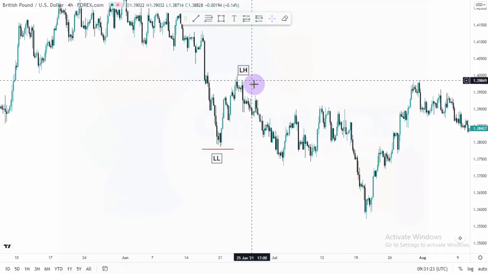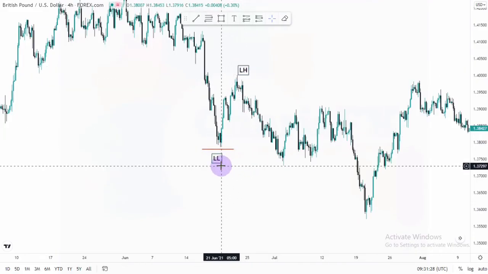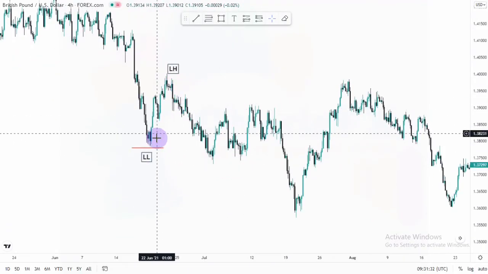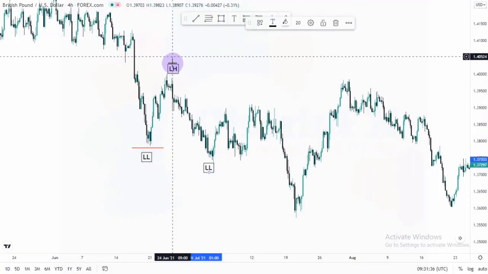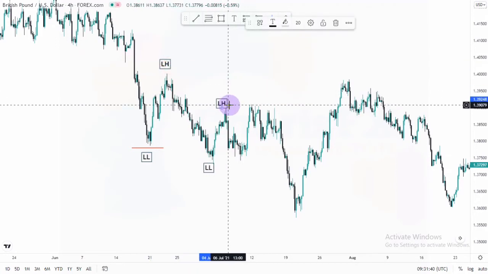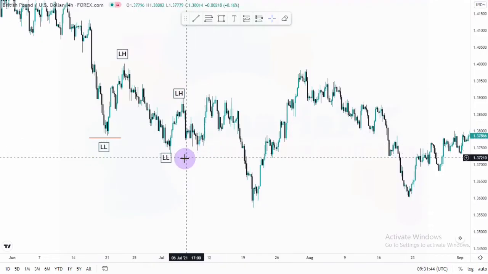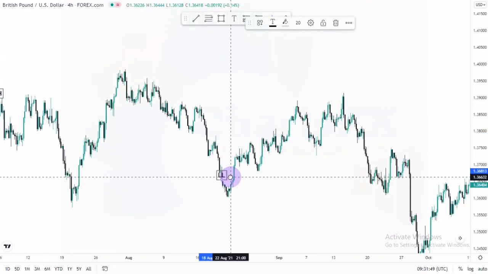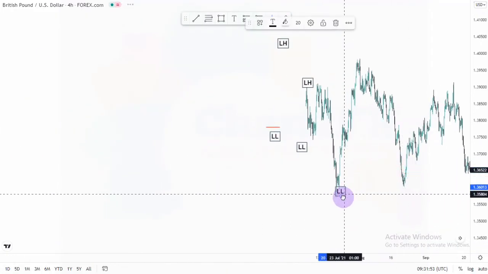So that's why it's called lower high. Okay, each lower low is lower than the previous low, and then you can see that price formed another lower low here, then another lower high, because this high is lower than the previous high. Sorry, lower low.